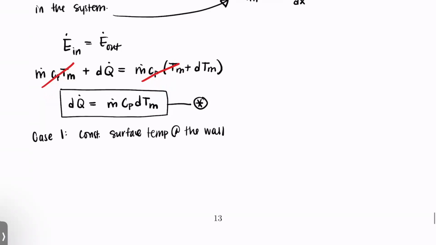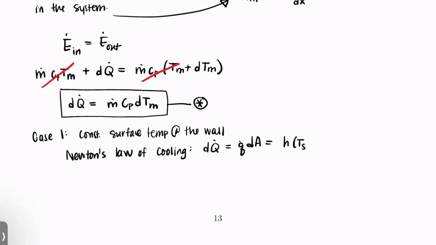All right, so Newton's law of cooling is just dq equals q lowercase q dot dA, which is h times (Ts minus Tm) dA. And then I can rewrite this dA given our geometry.